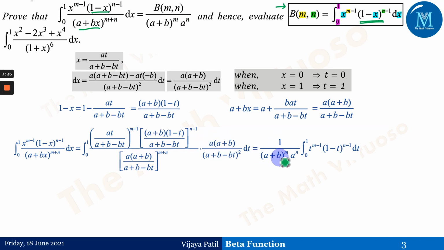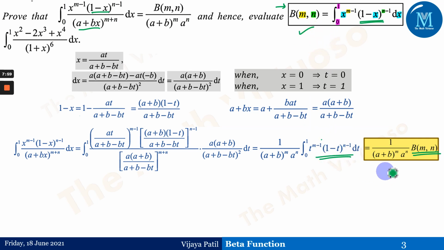The constants are 1 upon (a plus b) to the power m, a to the power n. Taking them out of the integration sign, because everything other than the variable t is a constant, we have integration 0 to 1 t to the power m minus 1 into (1 minus t) to the power n minus 1 dt, which is nothing but beta of m comma n. If you observe this term with the definition of the beta function, you can easily write that. So we have proved this particular identity.